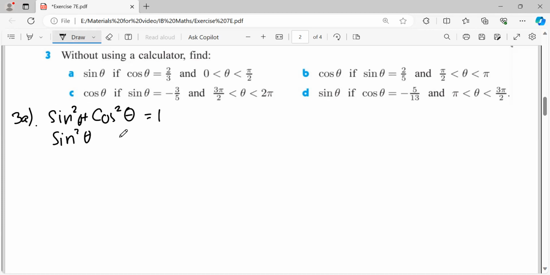Sine squared theta plus 2/3 squared equals 1. Sine squared theta equals 1 minus 4 over 9.